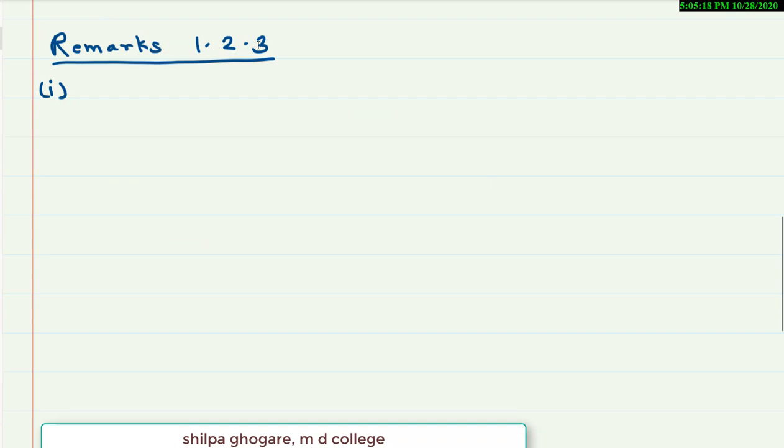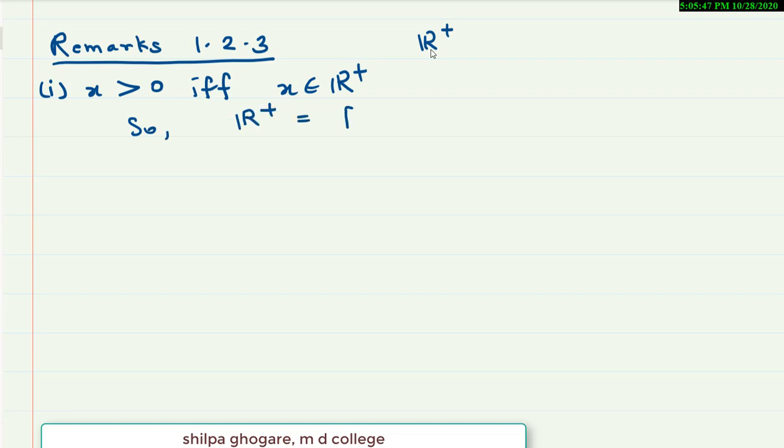Now we have some remarks which are very much known to you. But let us write it down using the notation R plus. The first remark says X is greater than 0 if and only if X is in R plus. And so what we have is, we can define R plus as all those real numbers which are greater than 0.